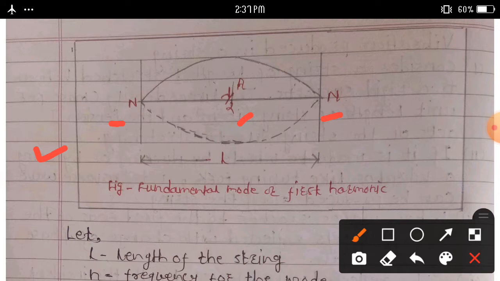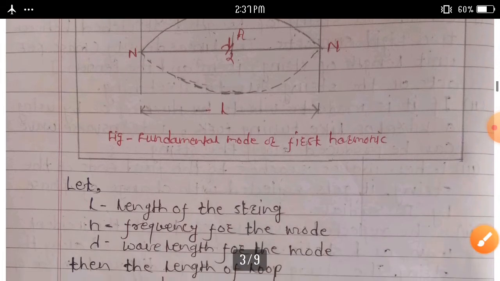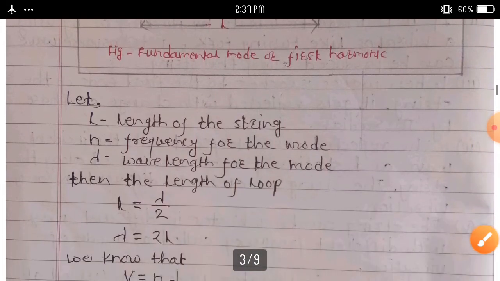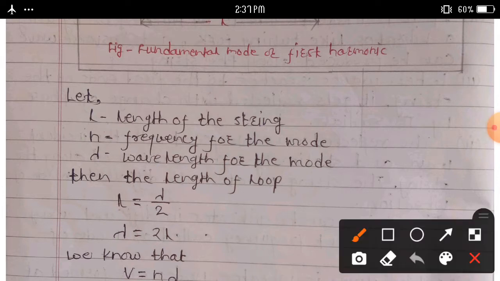The lowest frequency with which a string vibrates is called the fundamental frequency, and the corresponding mode is called the fundamental mode. Let small l be the length of the string, small n be the frequency of the mode, and lambda be the wavelength of the mode.